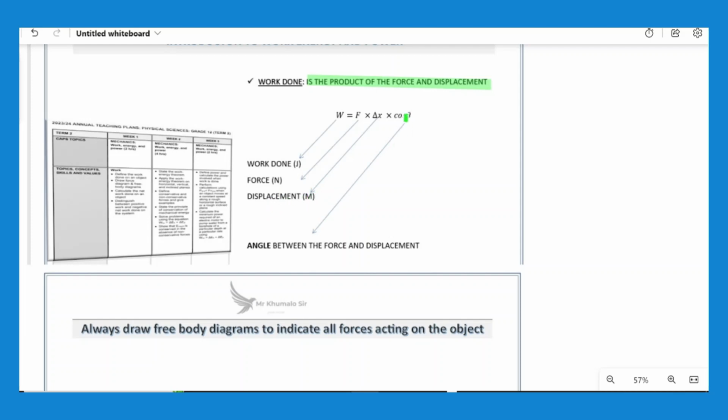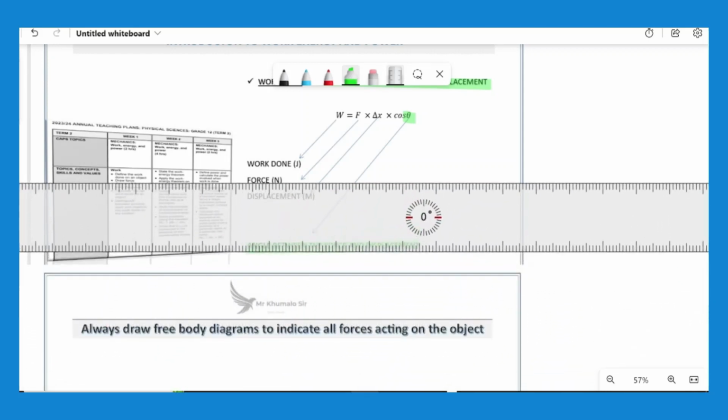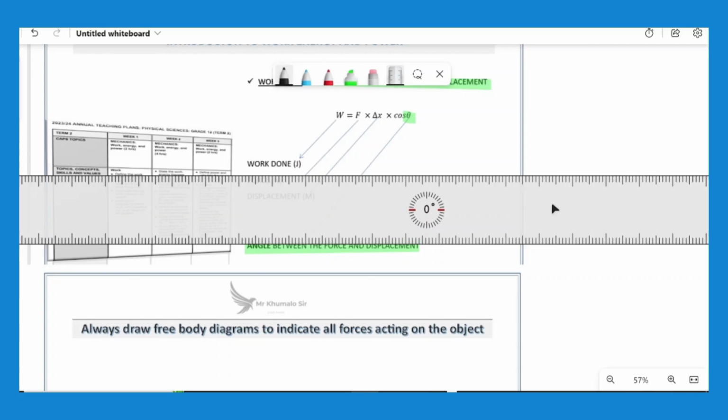Now, with this formula, the only problem is this angle theta. We say this angle theta is the angle between the force and displacement, in the sense that when the force and the displacement are in the same direction, we will say this angle is equal to 0 degrees.